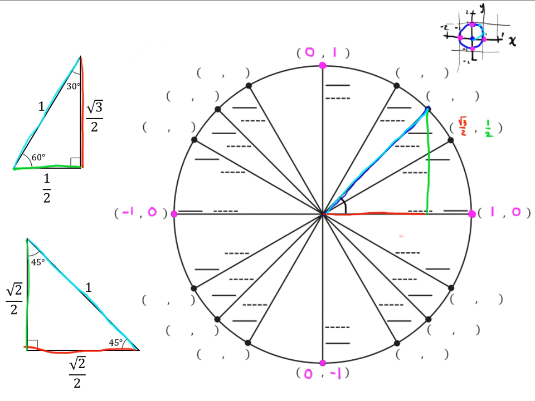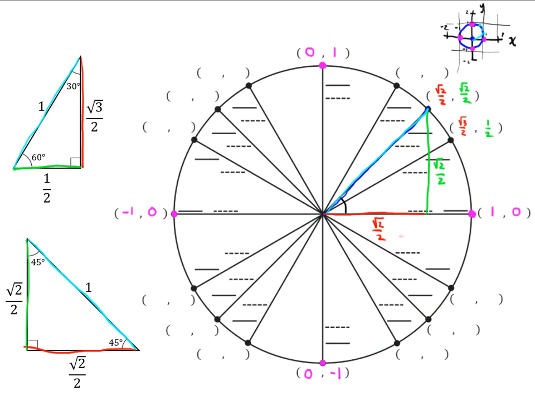Now, to go from the origin to this point, I go over this amount, which in our picture is square root of 2 over 2, and I go up this amount, which is also square root of 2 over 2, which means the coordinate point right here is: my x value is square root of 2 over 2, and the y value is square root of 2 over 2.